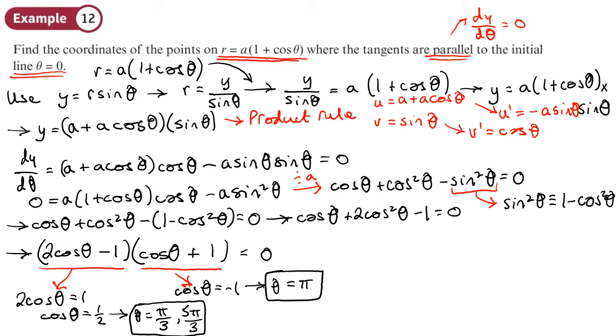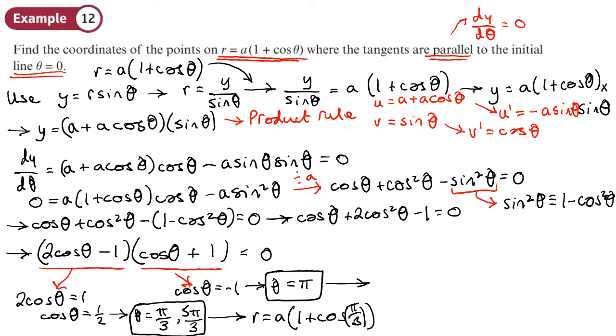What we need to do now is to work out the values of r we get from that. So now we substitute those values of theta into the original equation, to get the values of r. So if I put r equal to a, so this is going to be 1 plus cos pi over 3, and then we'll try the 5 pi over 3 and see what we get.